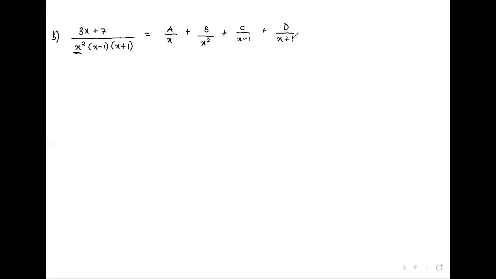So we are splitting, getting all the factors of the common denominator that we have down here. Okay. Then the first step is still the same. You multiply this whole thing by this denominator that we have here, x squared, x minus 1, x plus 1. So this guy will take away that guy when you multiply in this piece. So we'll have 3x plus 7.